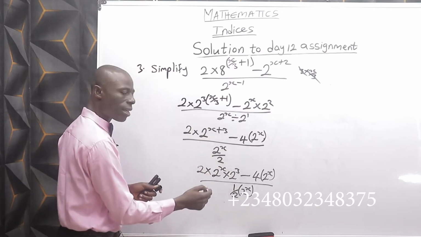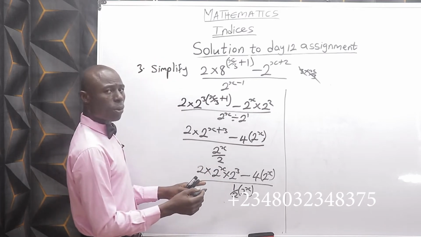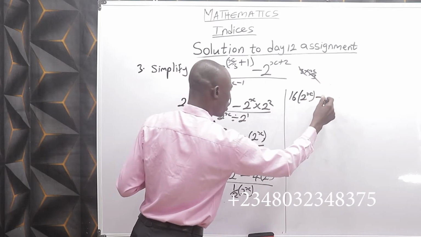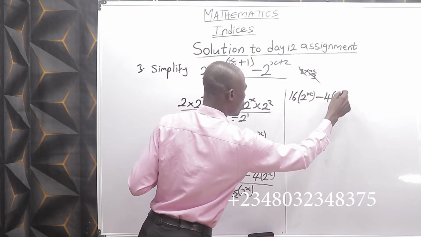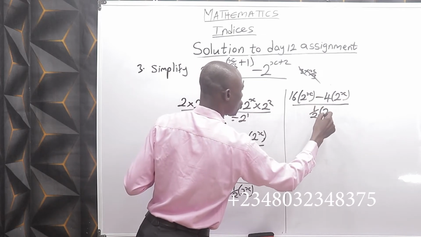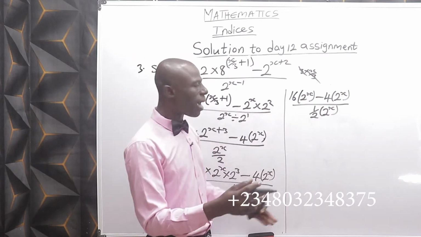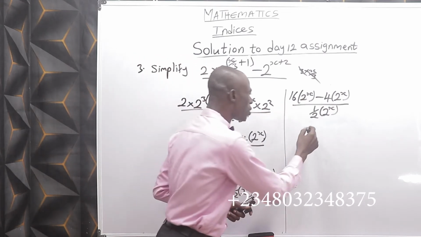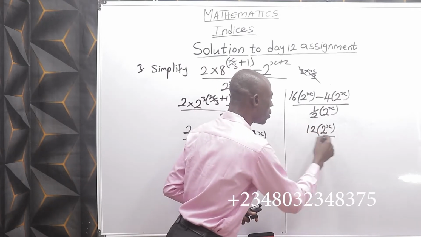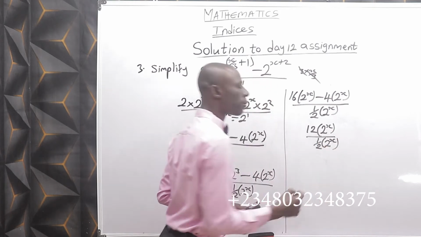So 2 raised to power 3 is 8. 8 times 2 is 16. 16 times 2 raised to power x, that is 16 into 2 raised to power x minus 4 into 2 raised to power x divided by half into 2 raised to power x. 16 into 2 raised to power x minus 4 into 2 raised to power x gives us 12 into 2 raised to power x divided by half of 2 raised to power x.